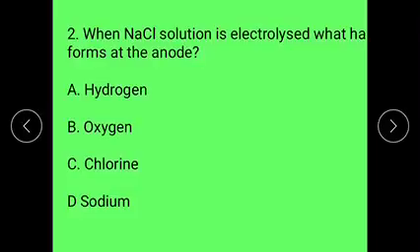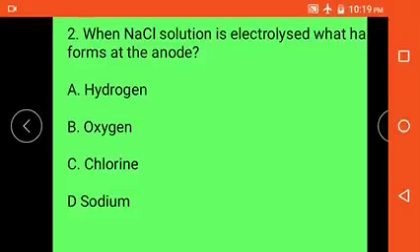And next, they may ask to explain the electrolysis of aqueous NaCl solution. These are the main topics in this period. They may ask questions from here.